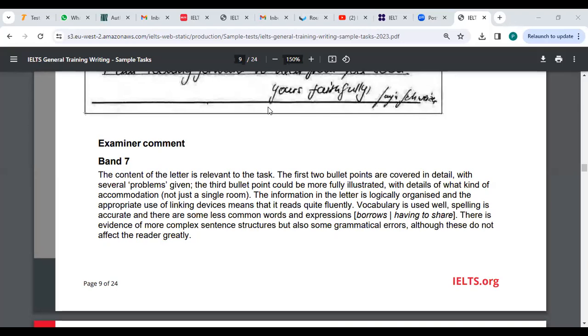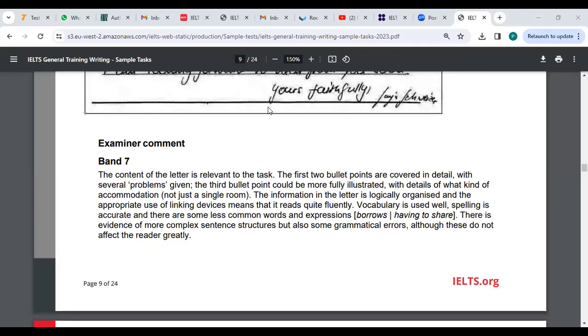The information in the letter is logically organized, and the appropriate use of linking devices means that it reads quite fluently. Vocabulary is used well.